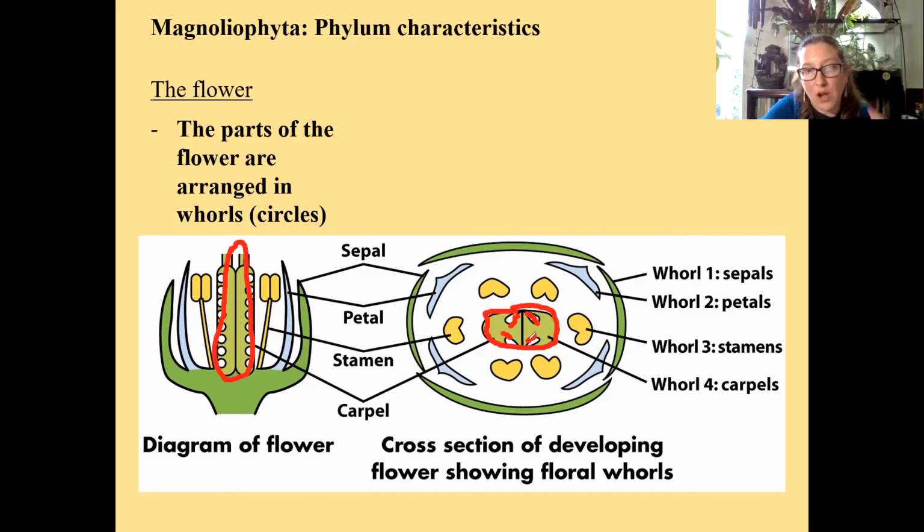When we talk about things arranged in 3s, or sorry, 4s and 5s, it might be like the chambers of the pistil. On this pistil, there's 2 chambers. In a monocot, if there were chambers inside of the pistil, you would expect 3 or 6 chambers, or maybe 3 ovules or 6 ovules or 9 ovules in that pistil.